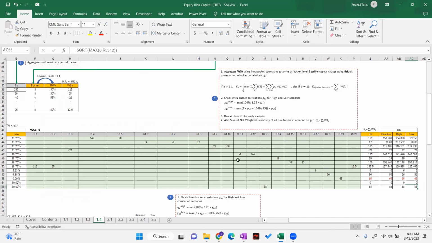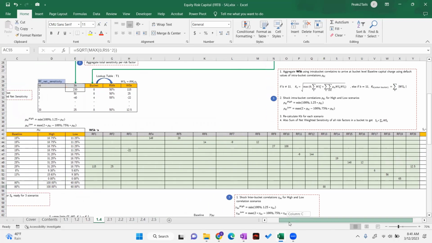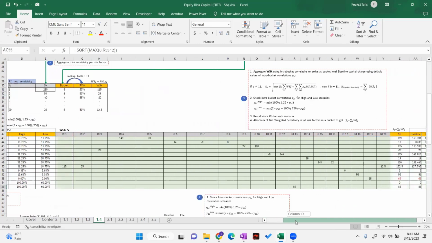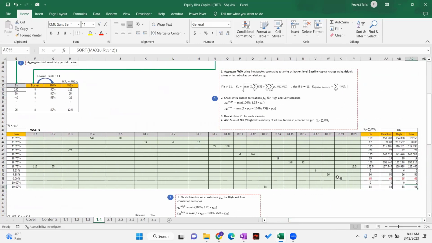Till this point, is everything clear? Any questions? We have only a couple of steps remaining. Oh yeah, there is one more thing. We need this also. This is just a pure sum across risk factors, but in the bucket, a pure sum of all the weighted net sensitivities.